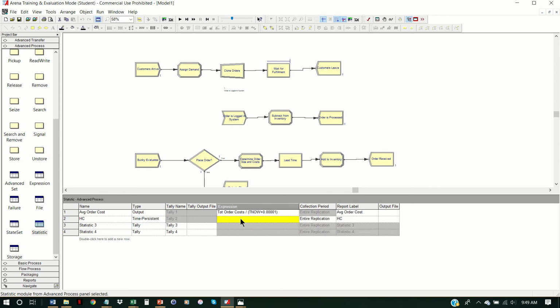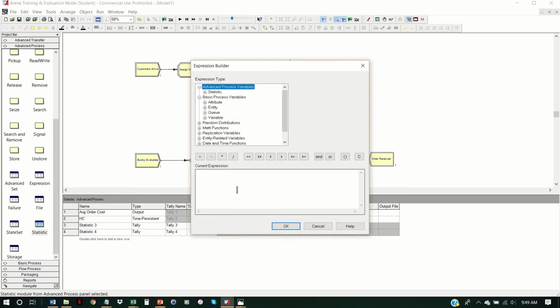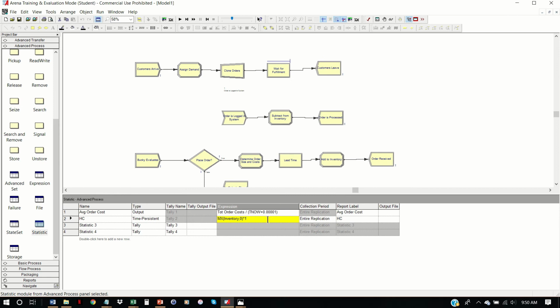And this expression is going to be equal to the maximum between the inventory level and 0, because we only have a holding cost when inventory is positive, times $1. So this will take our inventory level, if it's positive, or 0, and multiply that by 1. And that's going to be our holding cost at every point in time in this model.